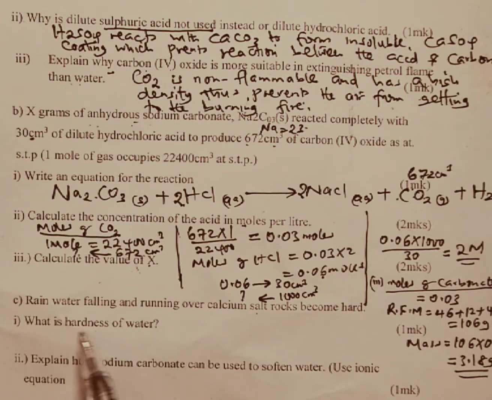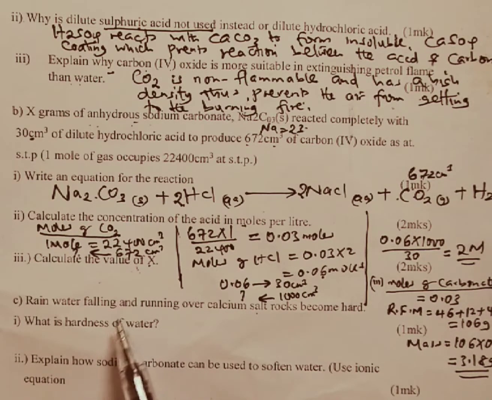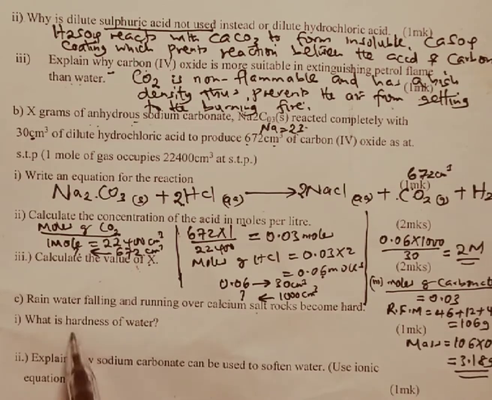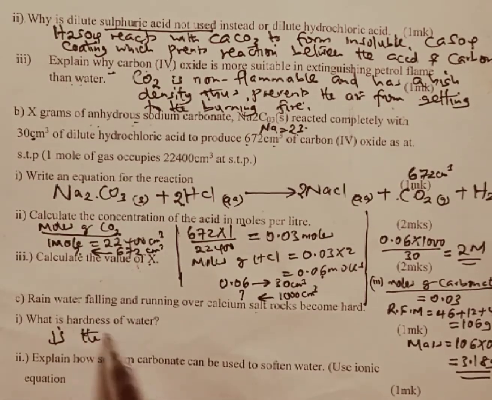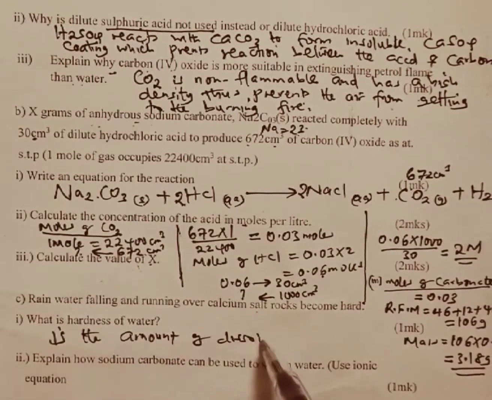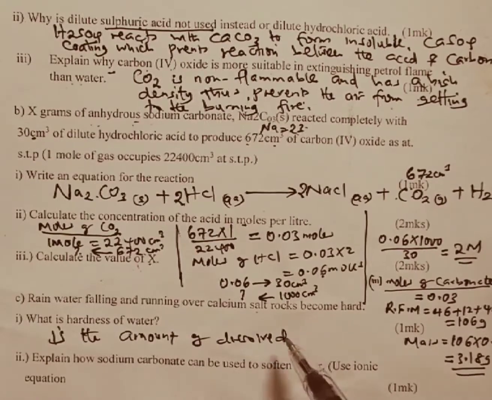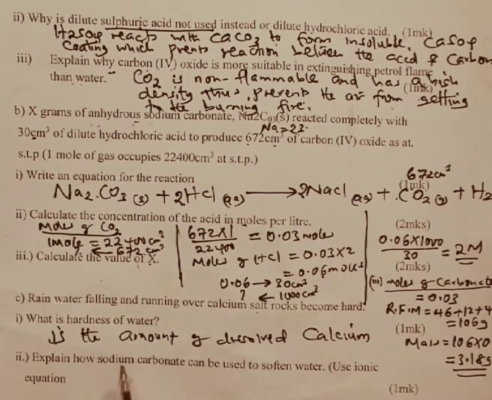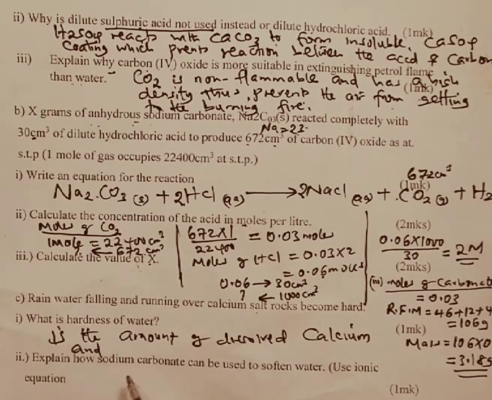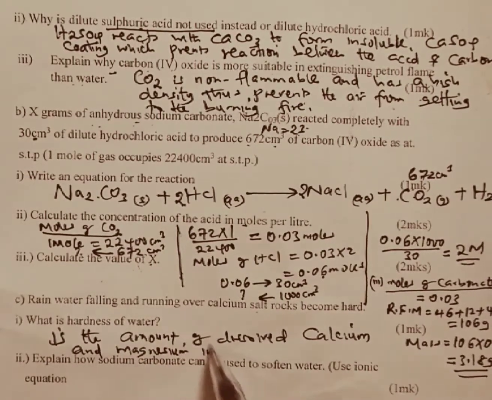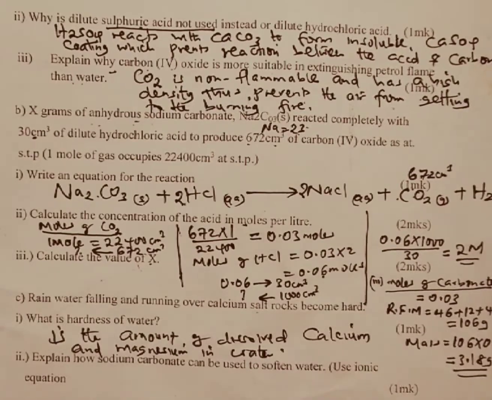We know water hardness is caused by the dissolved calcium and magnesium, and therefore we can say water hardness is the amount of dissolved calcium and magnesium in water.